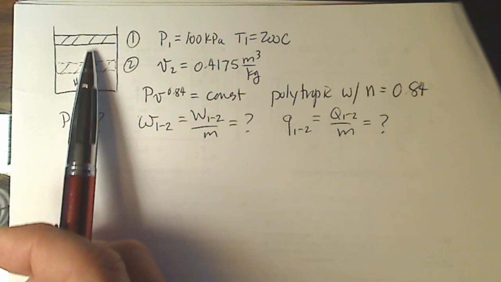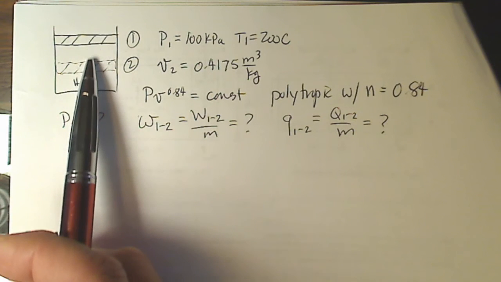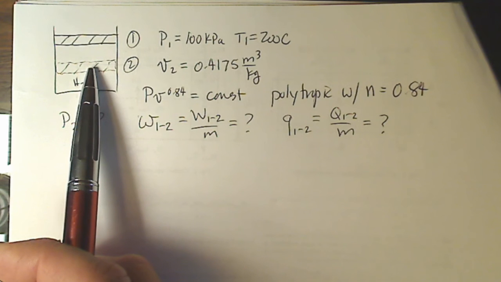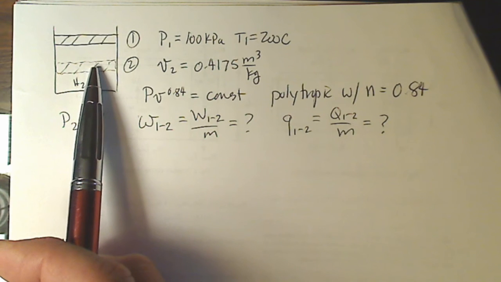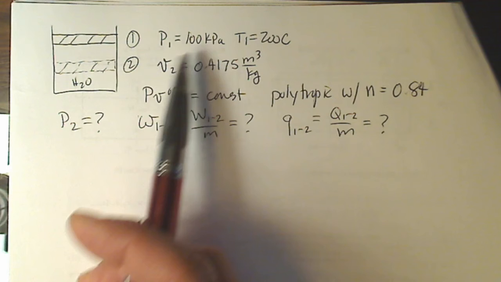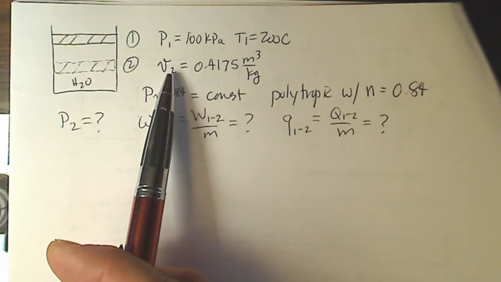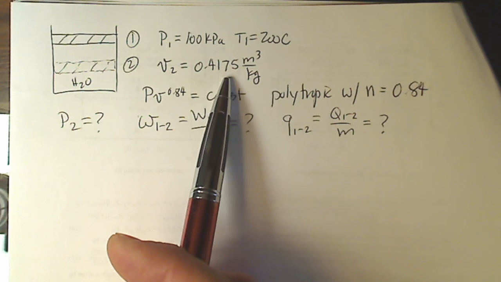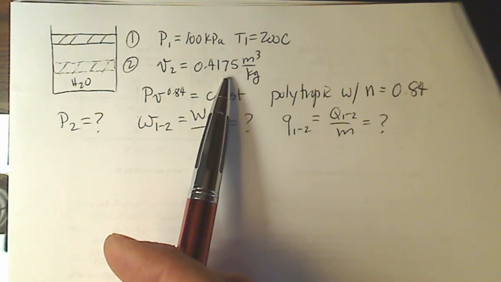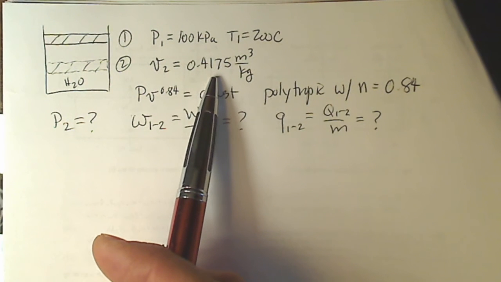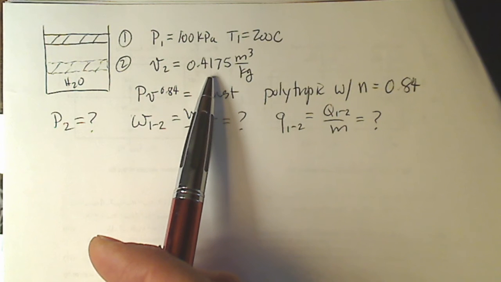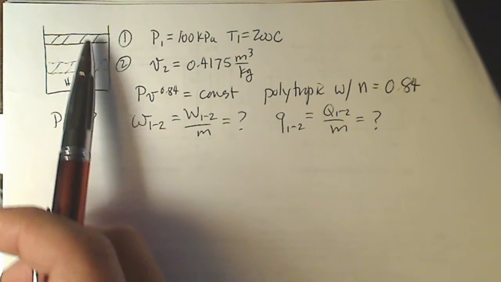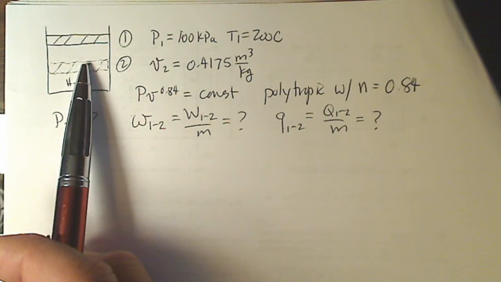We're compressing it so the pressure is not constant. We're going to be raising the pressure by compressing this steam. We're going to compress it until the specific volume is 0.4175 meters cubed per kilogram. Now, we need to know something about how this compression is achieved.